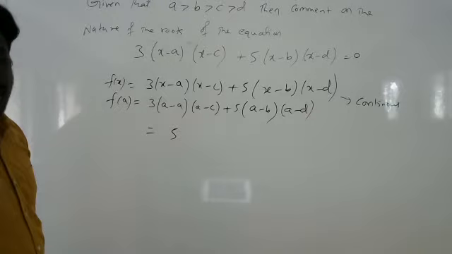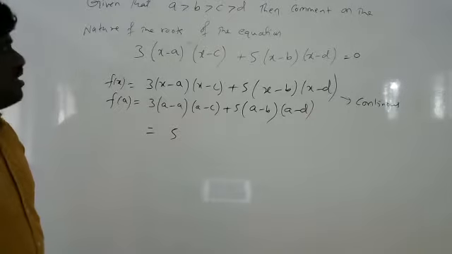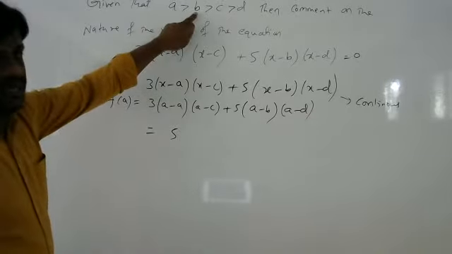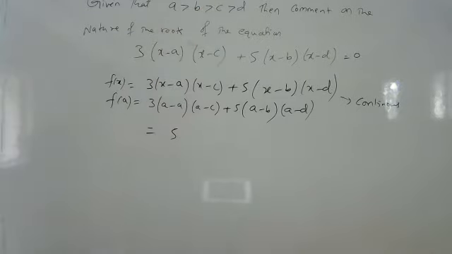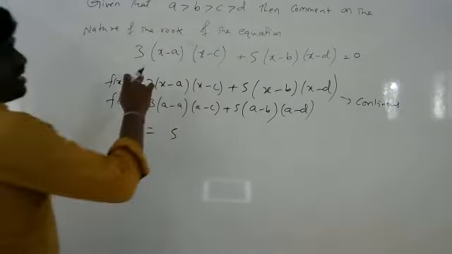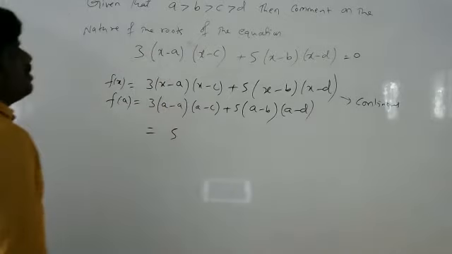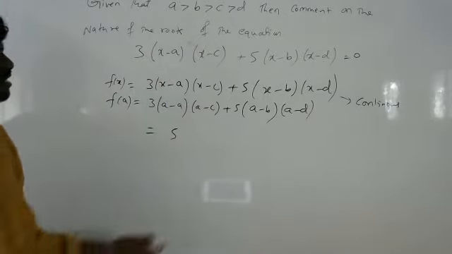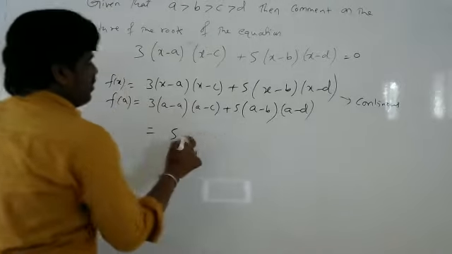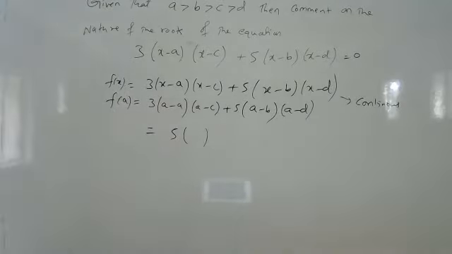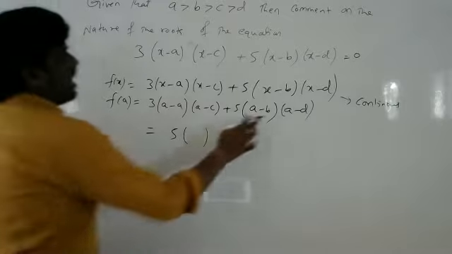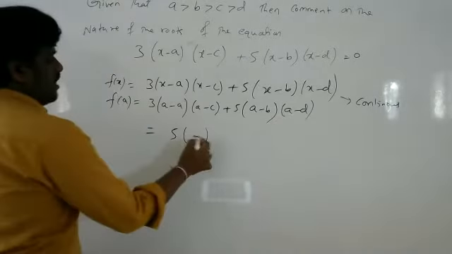A is greater than b, b is greater than c, and c is greater than d. So now, a minus b, will you get positive or negative? A minus d, what sign will you get? Positive.